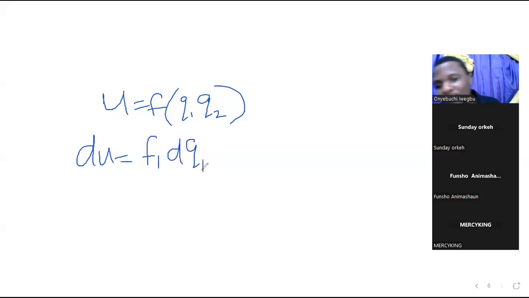I pray you will cast your mind back to total derivative. Please, I might not be able to explain that here because you must have done that in your year 2. Then, if I differentiate this function with respect to Q2, that will be F2, which is the function itself. When we do an example, you will see it, dQ2.